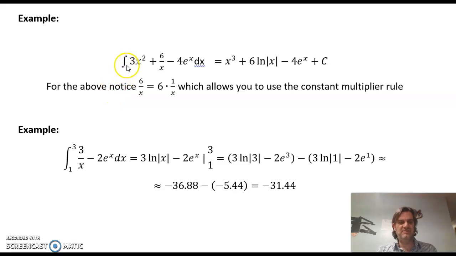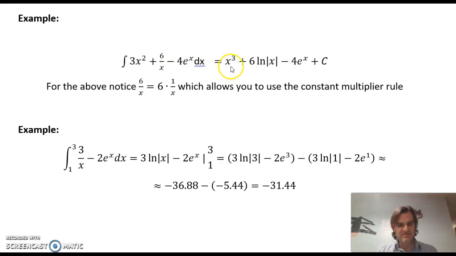So the first one here, we're going to try and take the integral of 3x squared plus 6 over x minus 4 times e to the x. Since this is three things added or subtracted together, we can take the integral of all three parts separately. So for the 3x squared, we'll reverse the power rule.